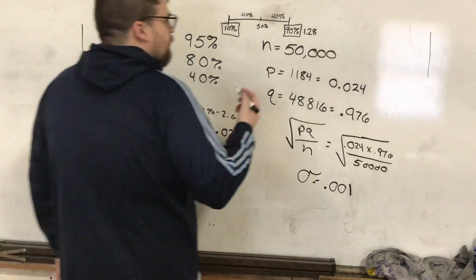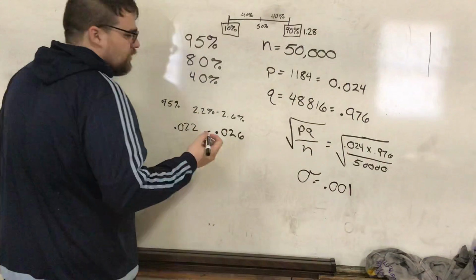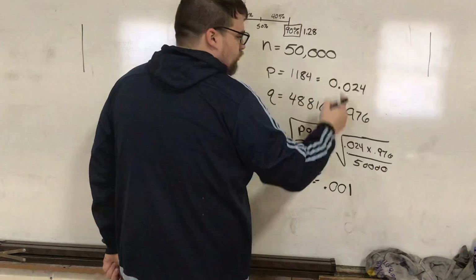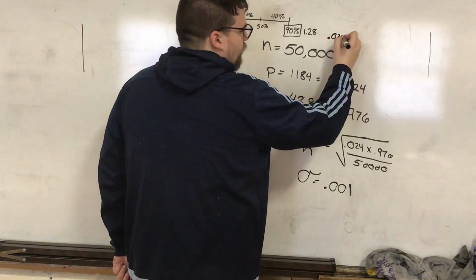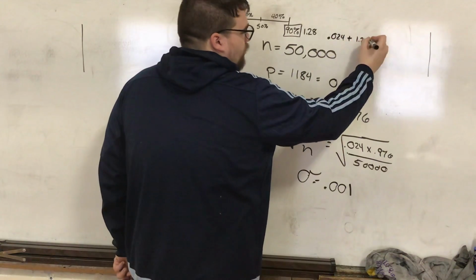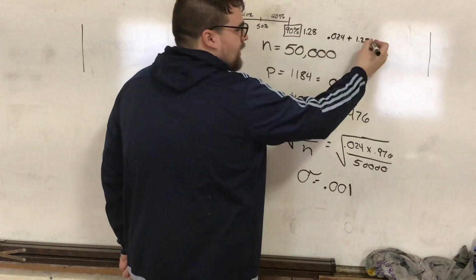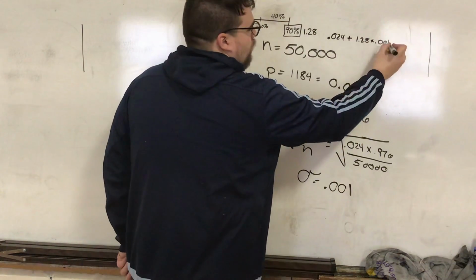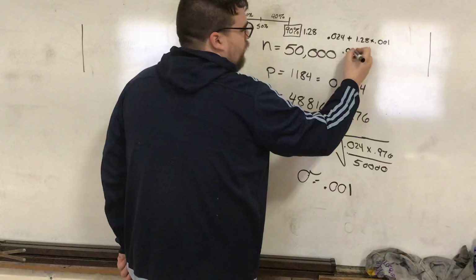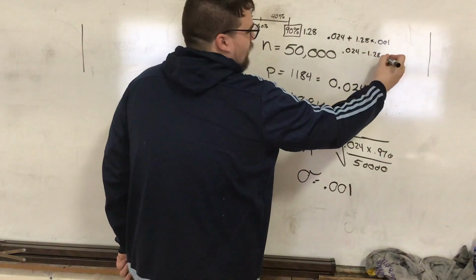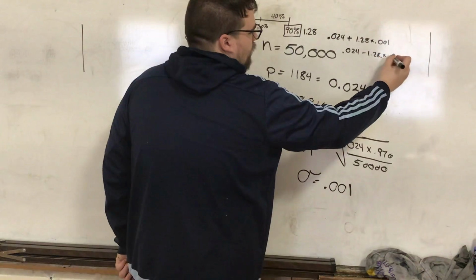Now to just work out the math here, what I'm going to do personally is 0.024 plus 1.28, the standard deviation amount, times the actual standard deviation, 0.001. And then I'll do 0.024 minus 1.28 times 0.001.